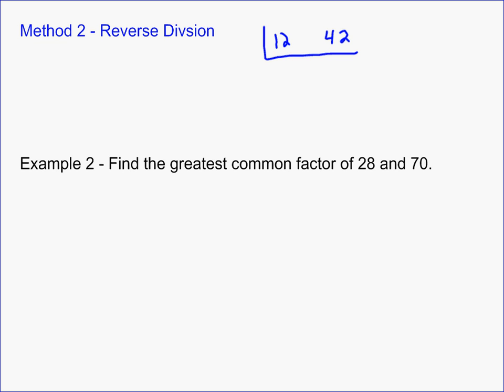So we look at what number goes into both 12 and 42. Well, they're both even, so 2 has to go into both of them. Again, we're only looking for prime numbers out here. So 2 goes into both of them, so you have a 6 left over, and 2 goes into 42 21 times. Well, 2 obviously doesn't go into 21, but 3 does go into 21, and 3 does go into 6. So that leaves us with 2 and 7.